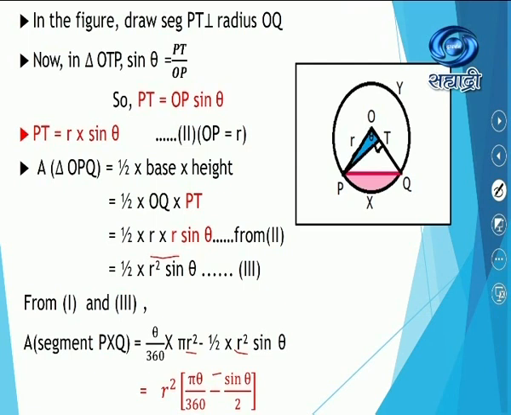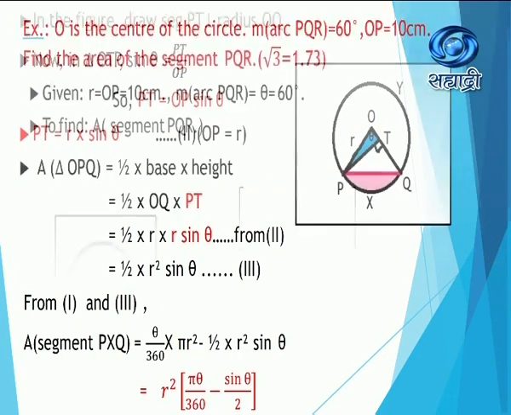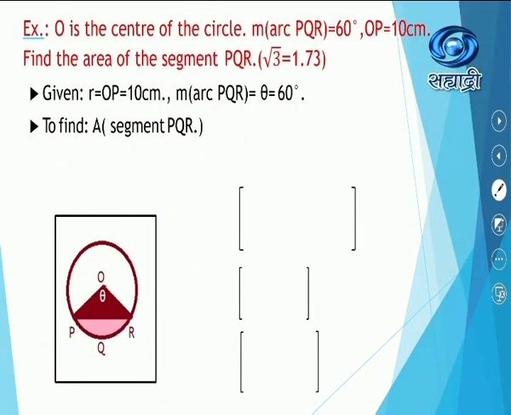Just remember the formula. What is it? Area of segment PXQ is equal to R square into the bracket pi theta upon 360 minus sine theta upon 2.